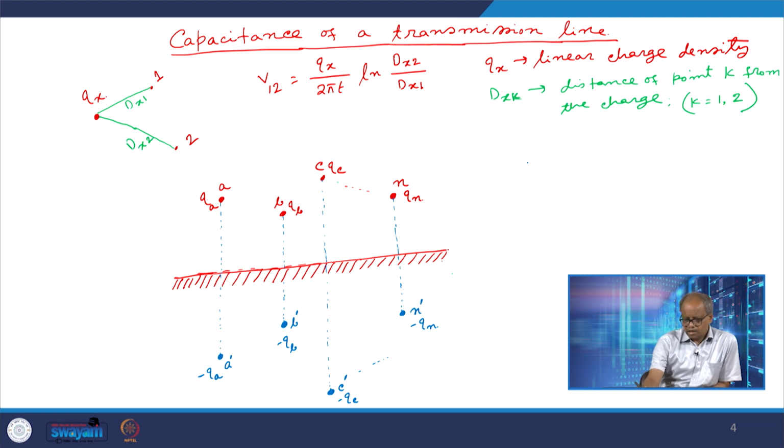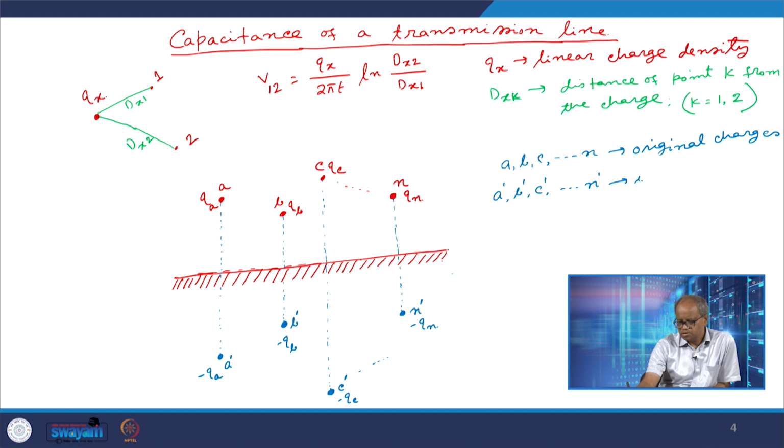So I can say that A, B, C, N are the original charges, and A dash, B dash, C dash, N dash are the image charges, and their location is nothing but obtained by reflecting.